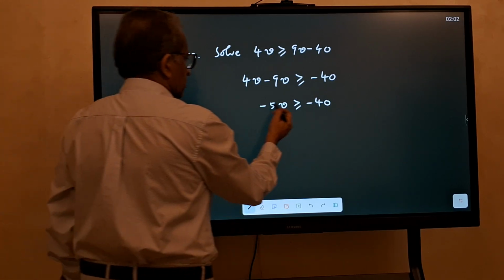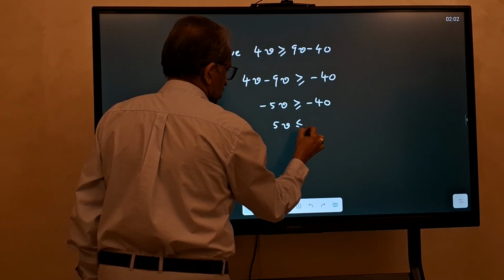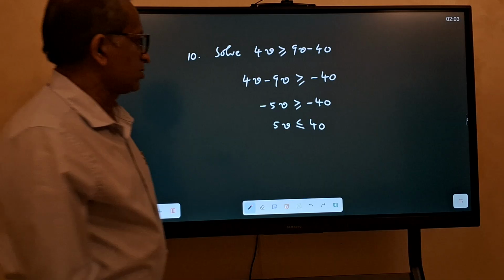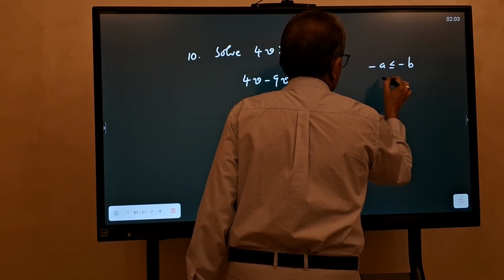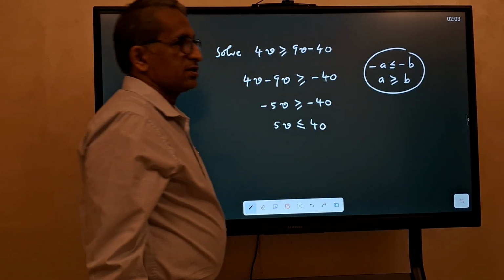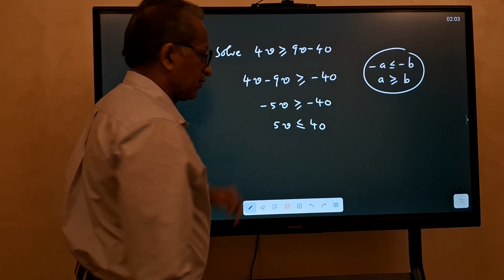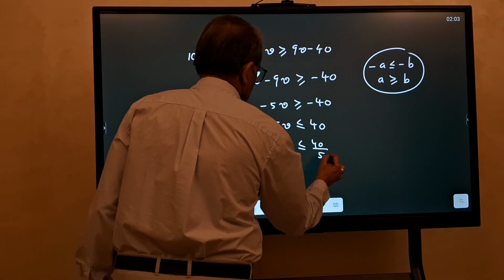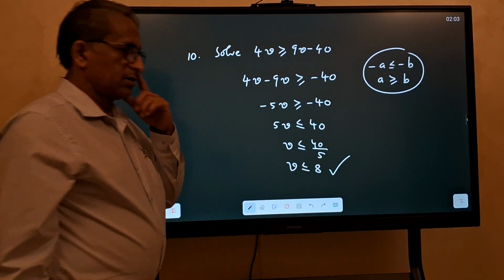Now I will cancel this minus. When I cancel the minus, remember the sign will change. So minus A, suppose it is less than or equal to minus B, then A is greater than or equal to B. Remember, they change the sign of the inequality. So minus minus cancel, we have this. So v is less than or equal to 40 by 5, v is less than or equal to 8. The answer.